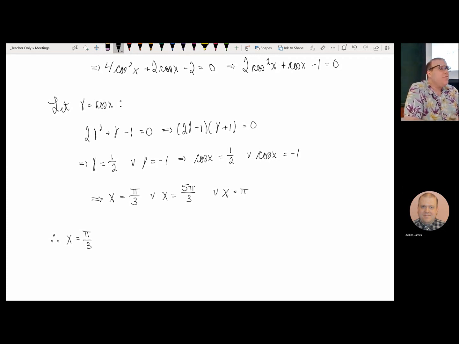That's how we got the 5 pi over 3. Just to back up, when you multiply through by sine, sine cannot equal 0. Correct. You're not allowed to get sine equals 0. Otherwise, you'd have 0 over 0.